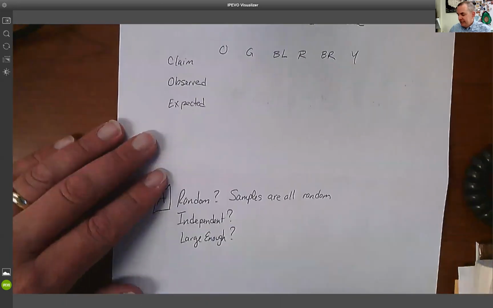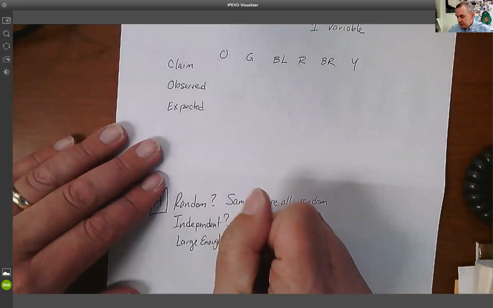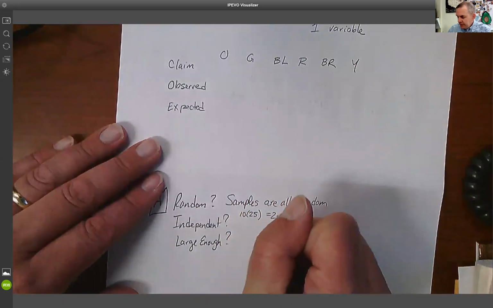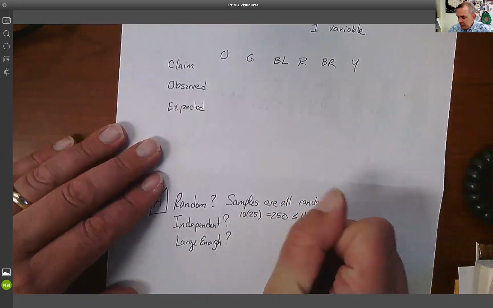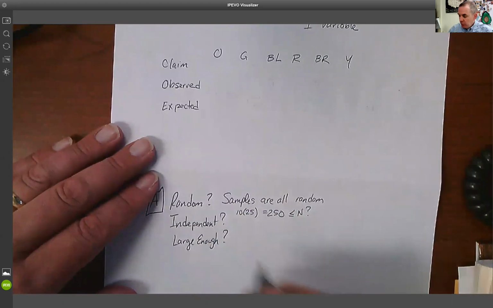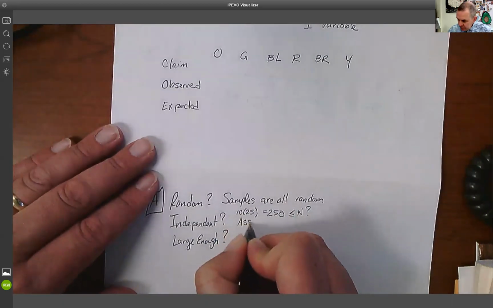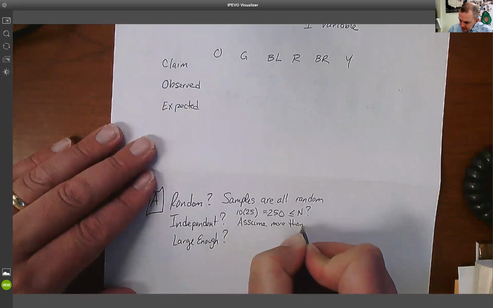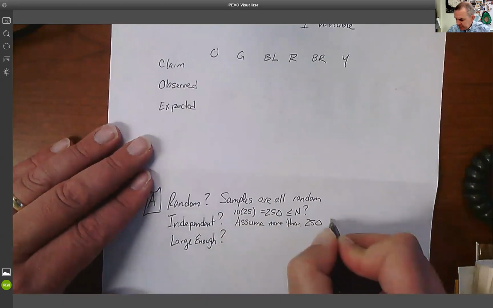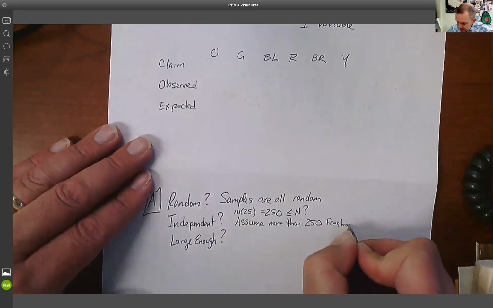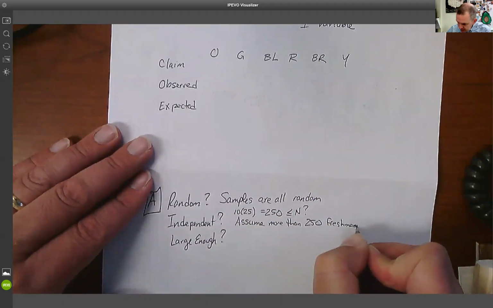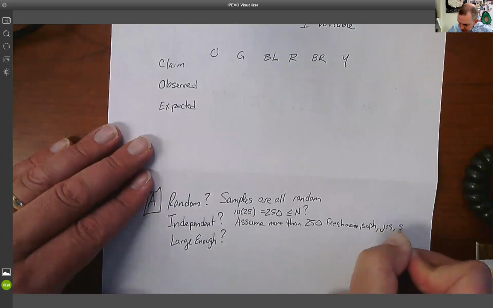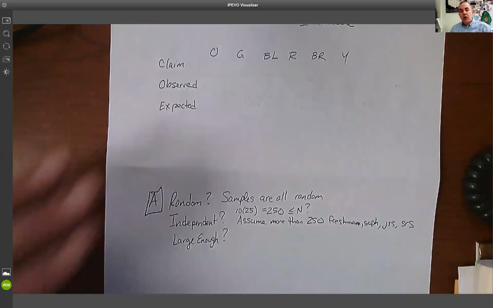We're going to check the 10n condition. In this case, we're going to do 10 times 25. That's 250. And it's actually 250 for all the different years. So we're going to assume more than 250 freshmen, sophomores, juniors, seniors, and then large enough.